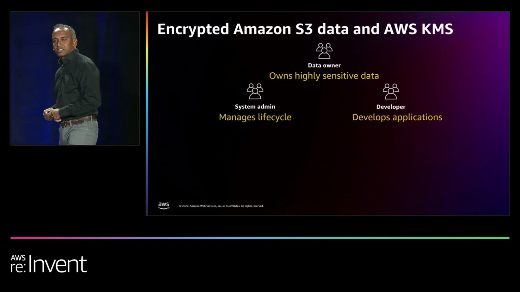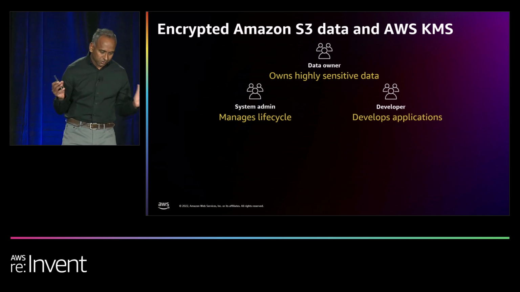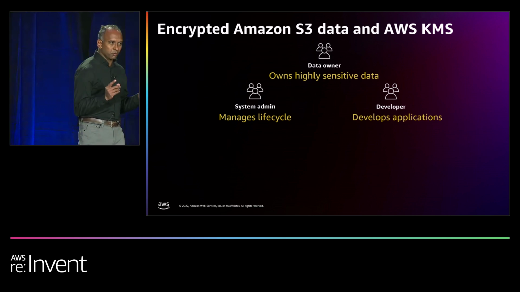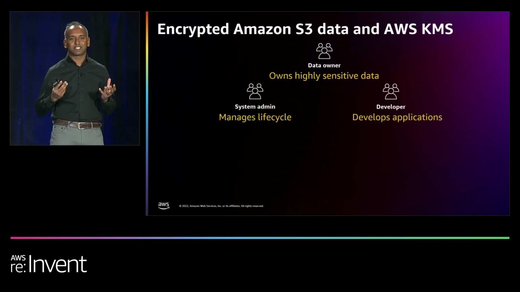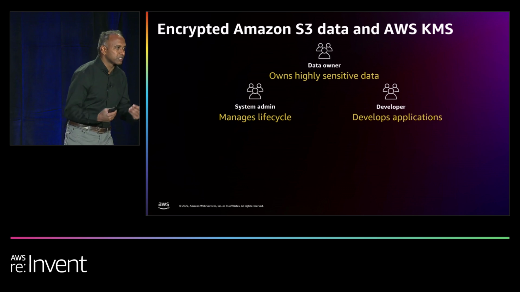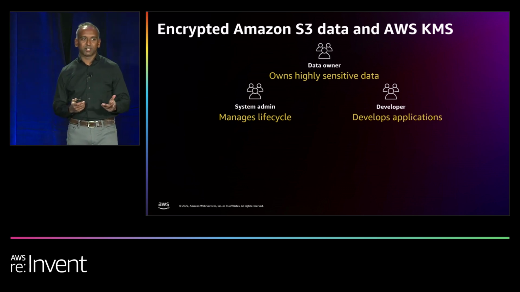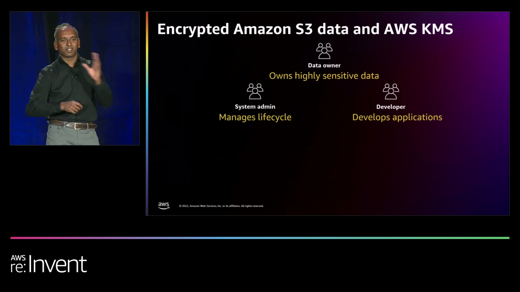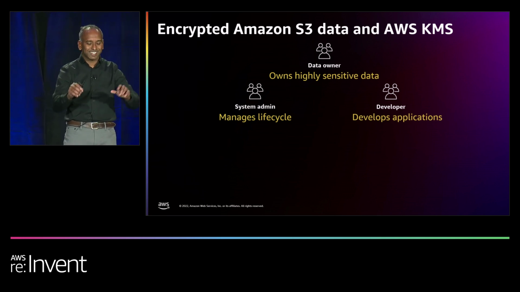But to understand what a sample data flow looks like, let's first understand who the key stakeholders here are. For simplicity, let's look at 3 big stakeholders. Number 1 is the data owner. This is the person who has all of the sensitive data, probably the most to lose if the data was to be compromised. Number 2 is a system administrator who manages the lifecycle of the instances and who has access, potentially, to what's running in the instance.